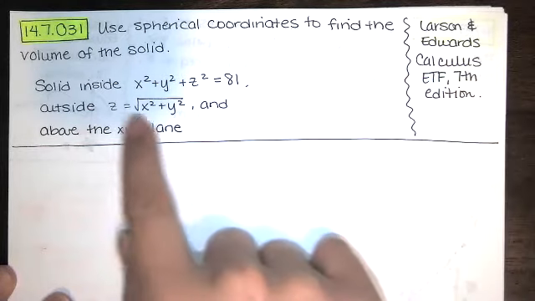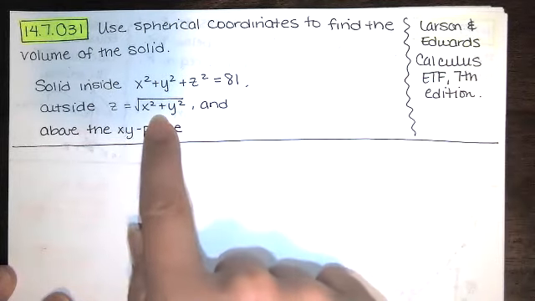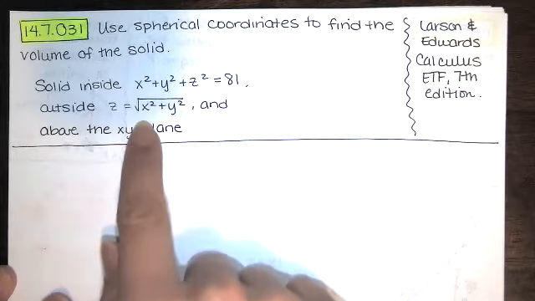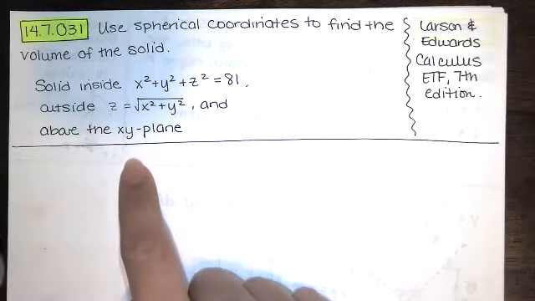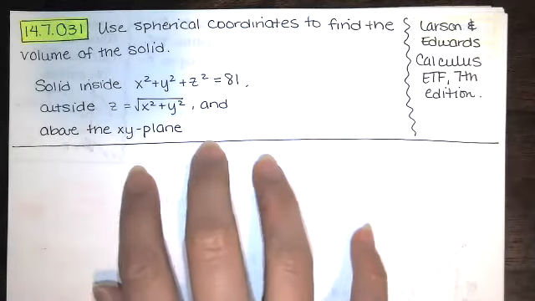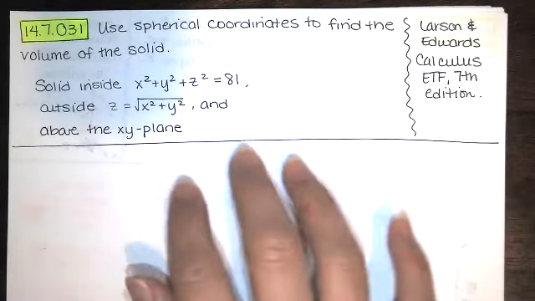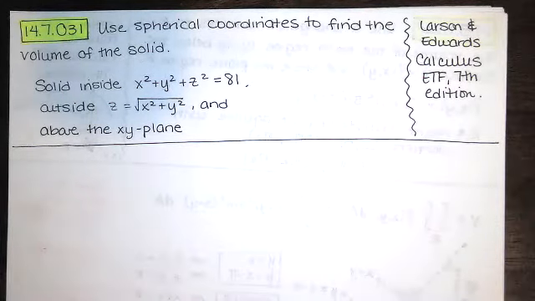And it lies outside this. This actually represents a cone, and it's above the xy plane. So what I would recommend you do to start this problem is first draw the solid region. That's always the first thing we do. Sketch the solid region as well as you can.